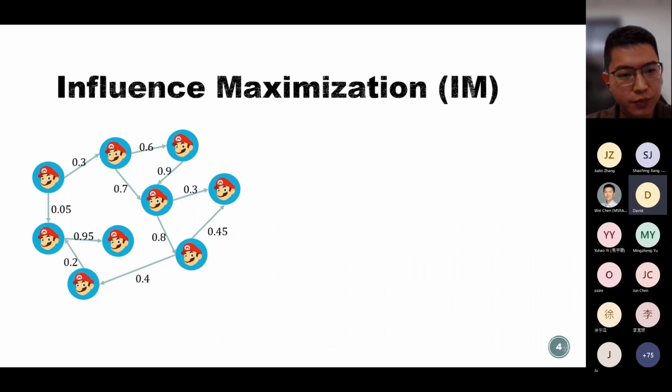In a social network, if we release some information to an agent or a node, then the information will spread to its neighbors. For example, in this graph, the information is spread toward one of its neighbors.